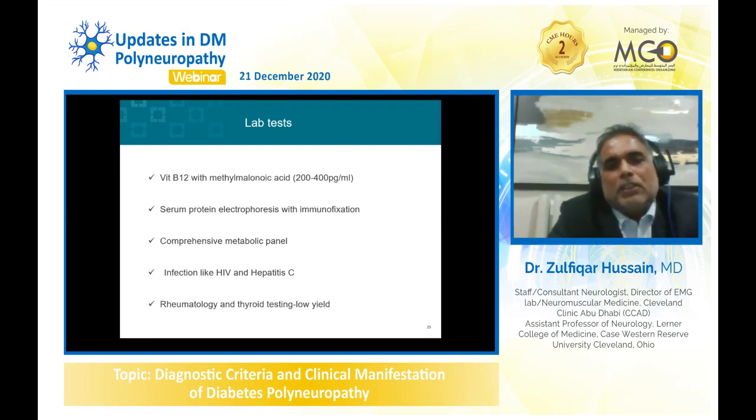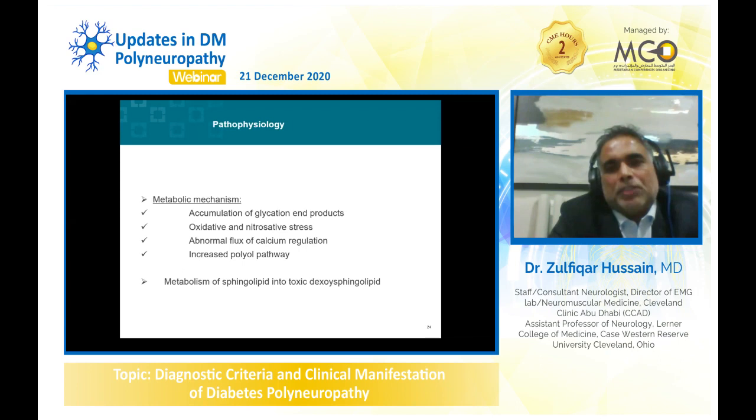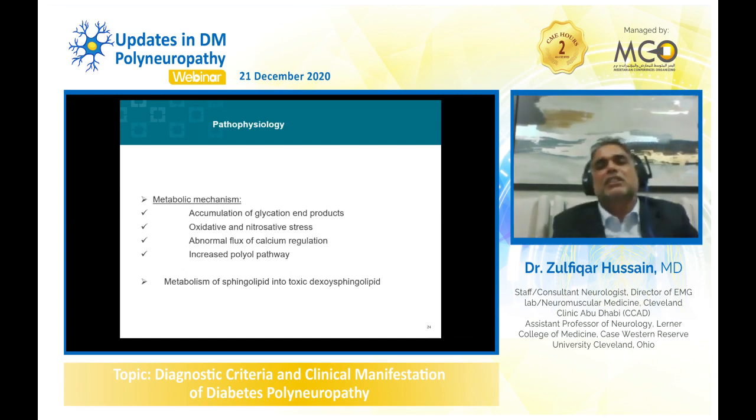So what about moving on to the pathophysiology? The pathophysiology of diabetic polyneuropathy is not completely well known at this stage. The etiology is thought to be multifactorial.